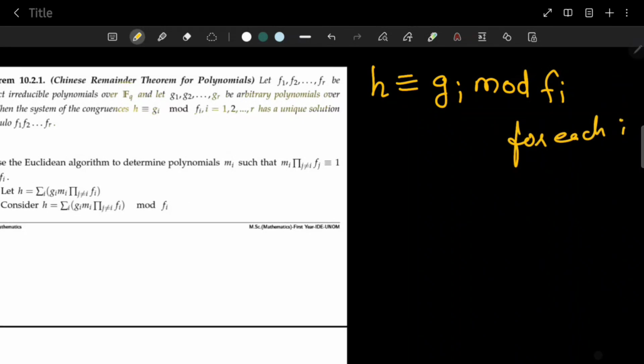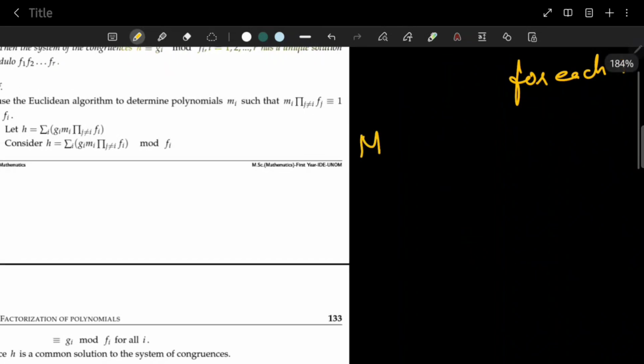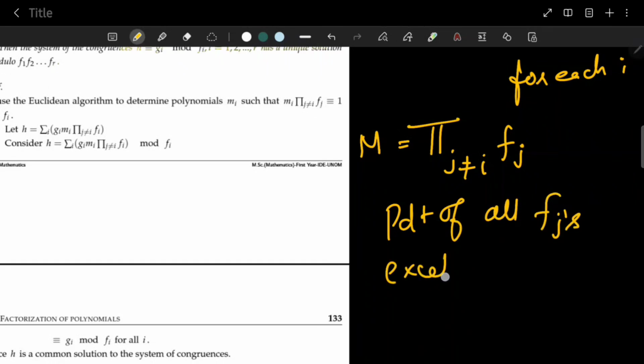That is, the product over j not equal to i of fj, that is the product of all fj's except fi.